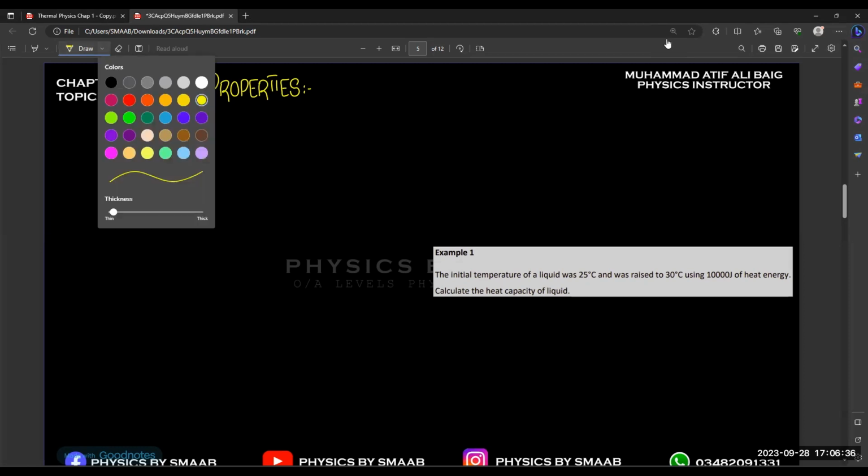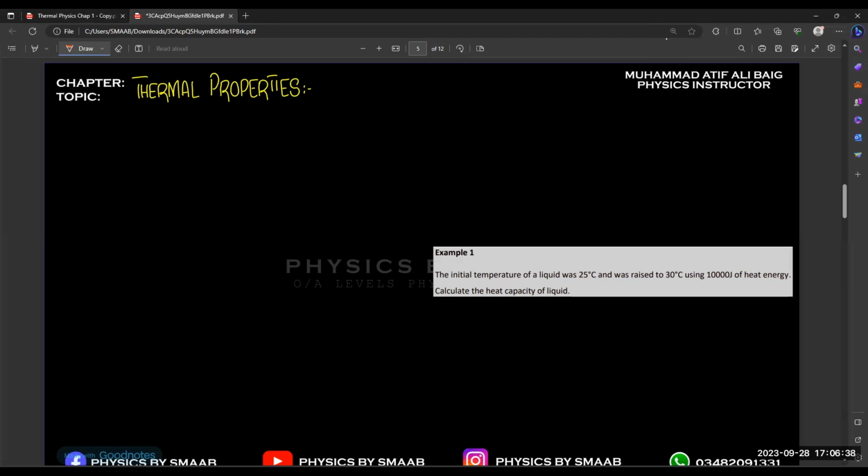Okay, so starting from the thermal properties. By the name thermal, we have to discuss heat or thermal energy. So basically, we consider different categories of heat in this chapter. The first one, the basic one, is known as sensible heat.